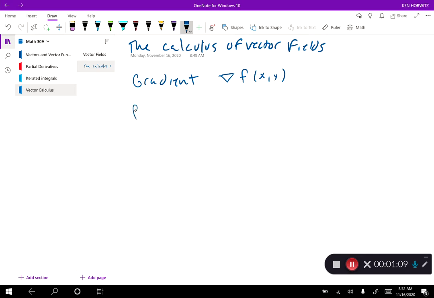If f of x, y equals x squared y minus y cubed, find the gradient. Why don't you pause the video real quick, find the gradient, and we'll talk more on the back end.